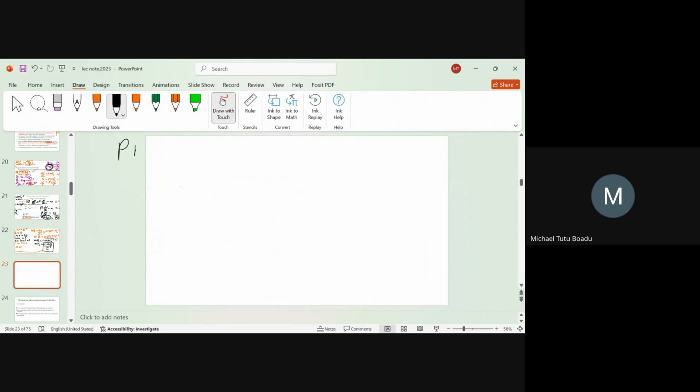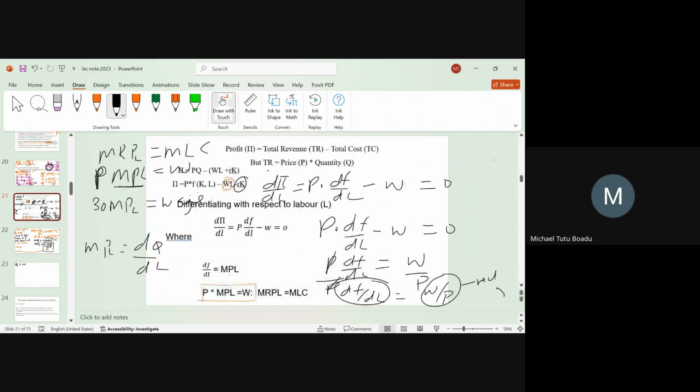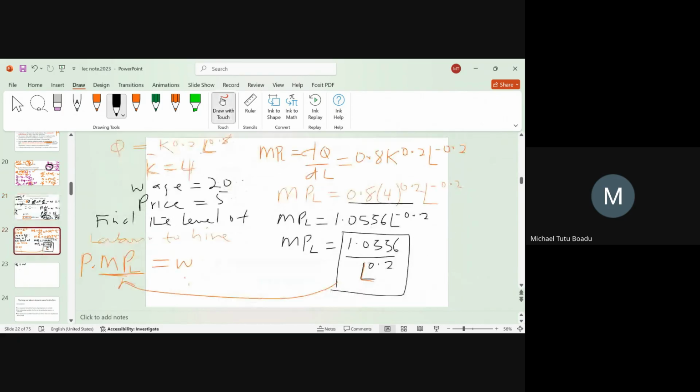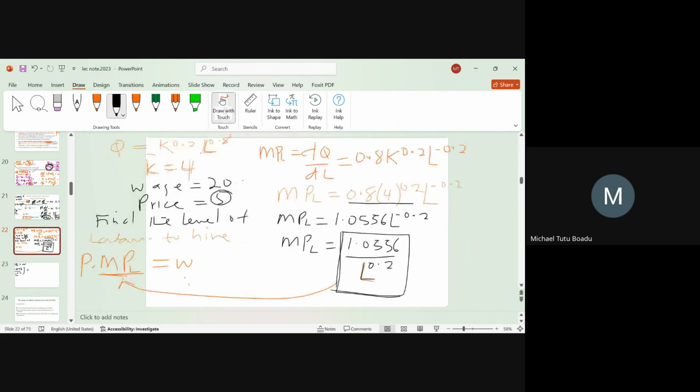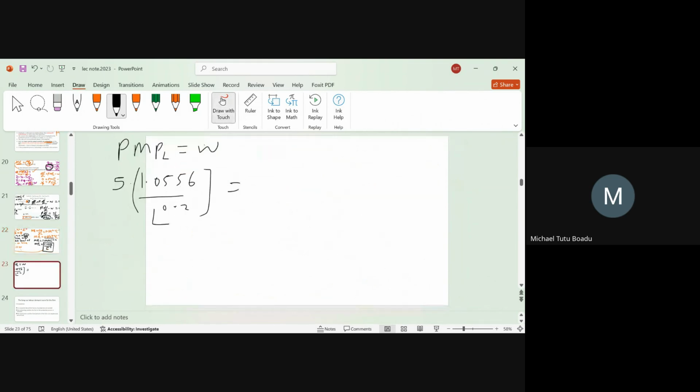So still our condition, price times marginal product of labor is equal to wage. I know the price to be 5. The price is 5, you can see it here. Then marginal product of labor is this, 1.0556 divided by L to the power 0.2, is equal to wage, and the wage is 20.